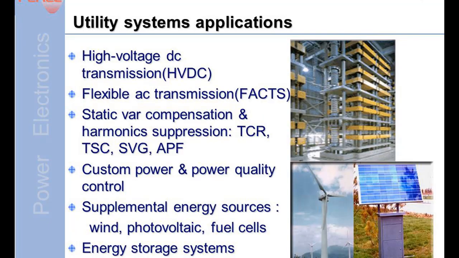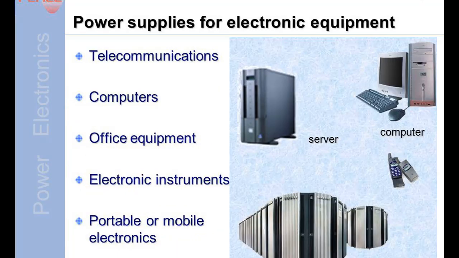Utility systems applications: high voltage DC transmission (HVDC), flexible AC transmission (FACTS), static VAR compensation and harmonics suppression (TCR, TSC, SVG, APF), custom power and power quality control, supplemental energy sources such as wind, photovoltaic, fuel cells, and energy storage systems.